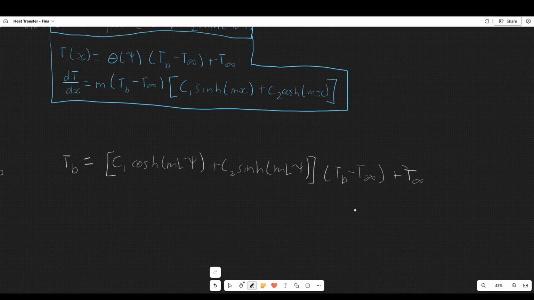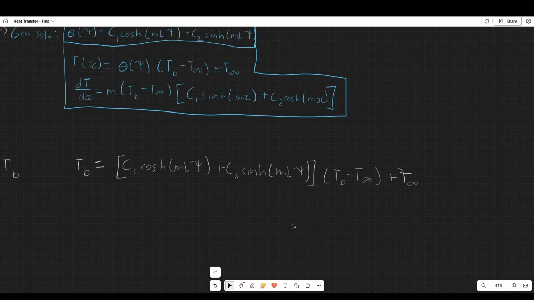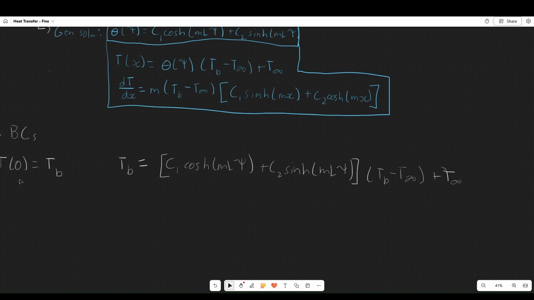All right. So now that we see this, we can start solving for whatever C1 and C2 can be. So this is when psi is actually 0, right? We have the boundary condition T at 0 equals Tb, so x must equal 0.